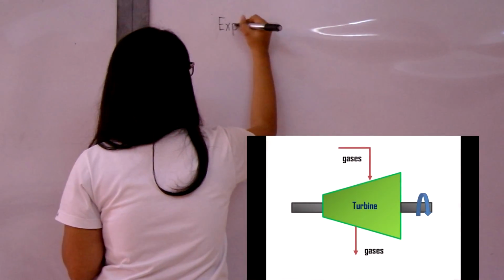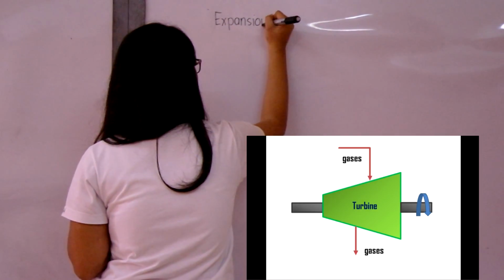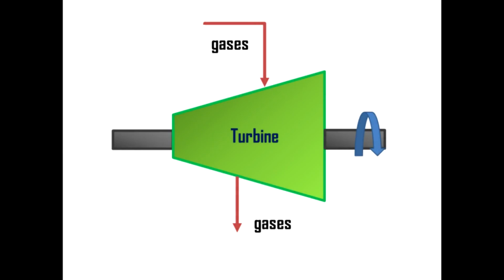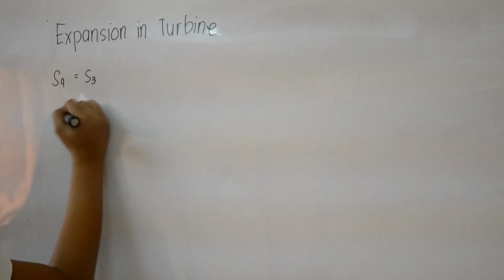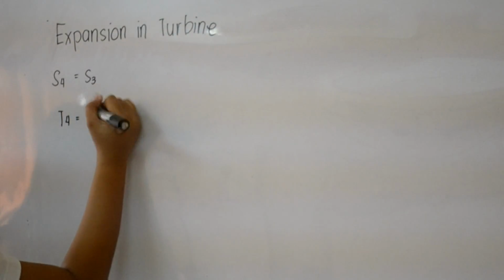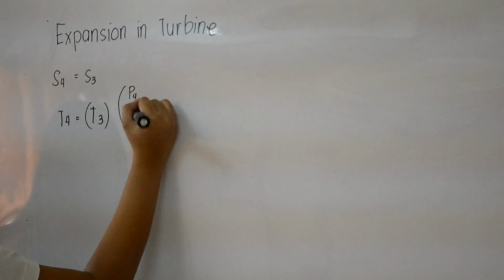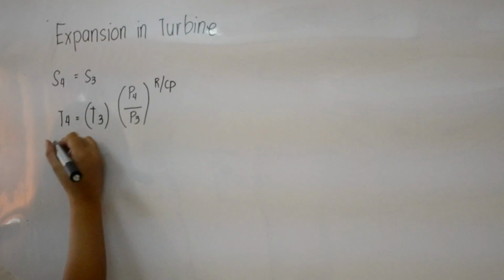Moreover, between state 3 and 4, isentropic expansion transpires in the turbine. At this junction, S4 has the same value as S3. T4 will be calculated using the formula T4 is equal to the quantity T3 times the quantity P4 over P3 raised to R over Cp.